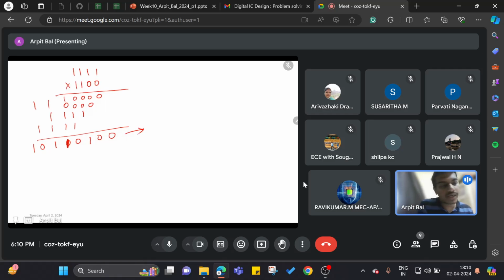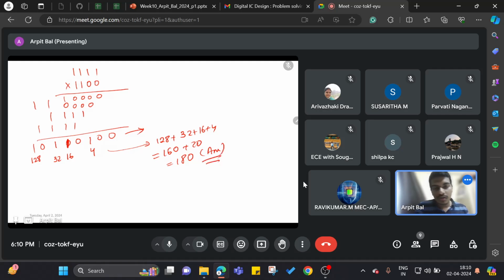So what is the value in decimal? This is 4, this is 16, this is 32, this is 64, 128. Right? 180. Yeah. 180. Correct. So this is 160 plus 20, that is equal to 180. Okay. Is everyone clear with question 1 or is there any doubt?